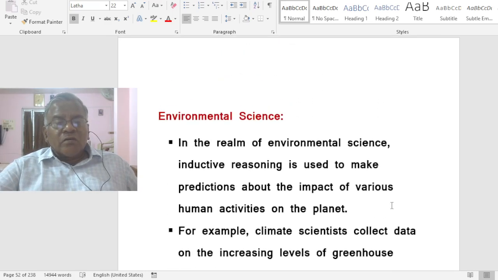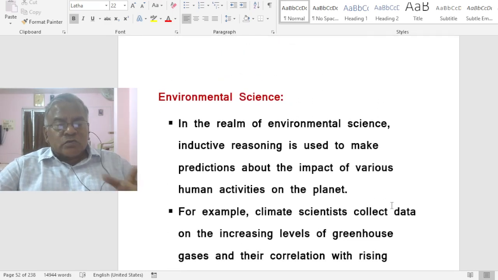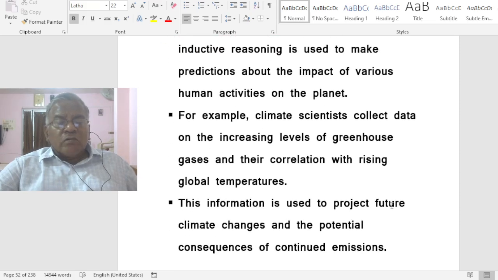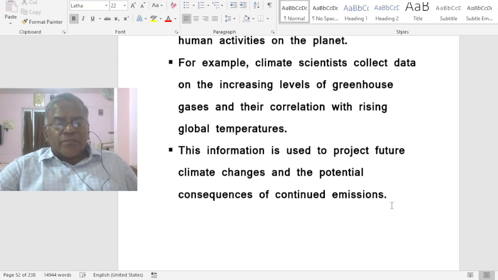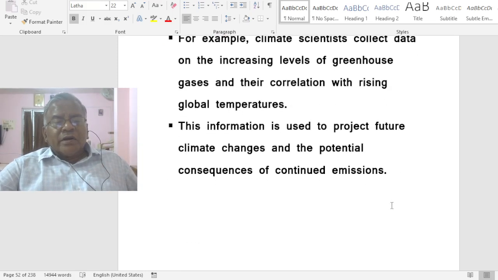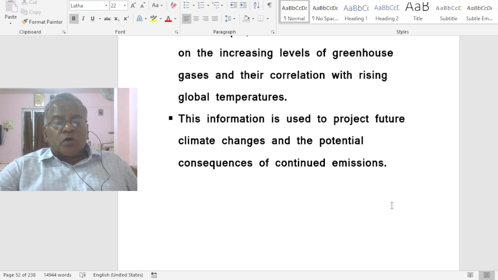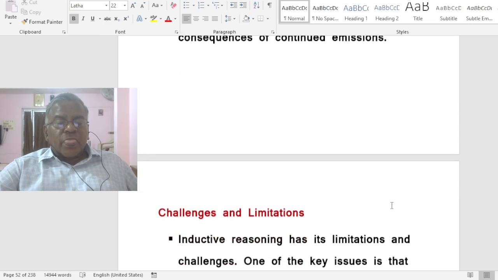So this is how inductive reasoning is used in environmental science. How climate change happens, inductively they find out. This information is used to project future climate changes and the potential consequences of continued emissions.